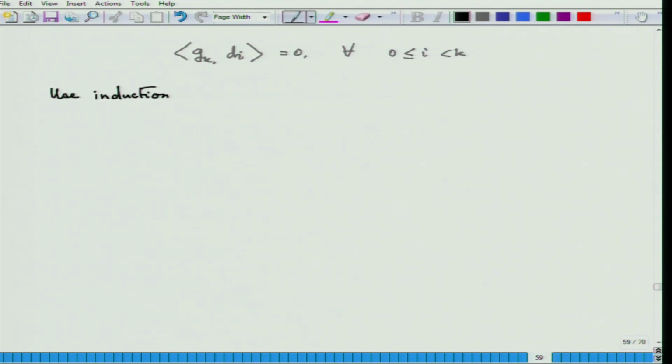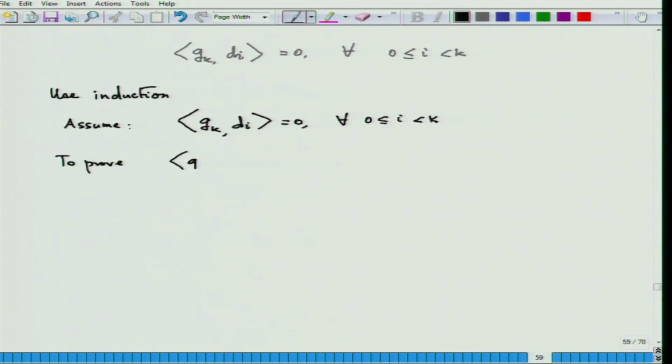So, by induction what we show is the following. Let us assume g_k d_i is equal to 0 for all i, and to prove g_(k+1) d_i is equal to 0 for all i.